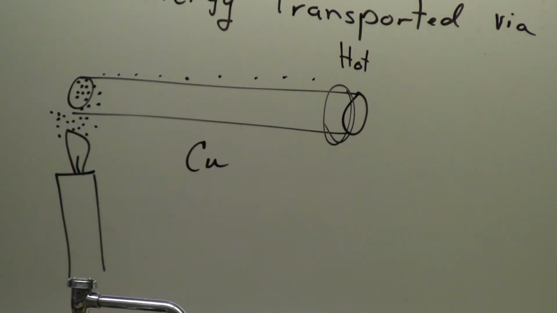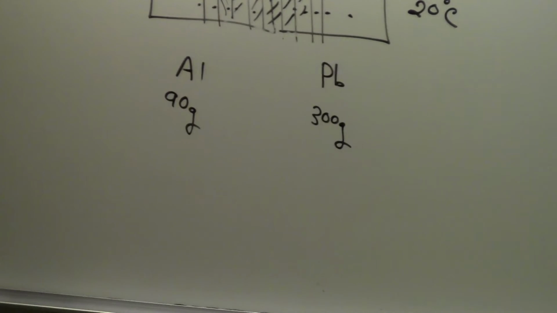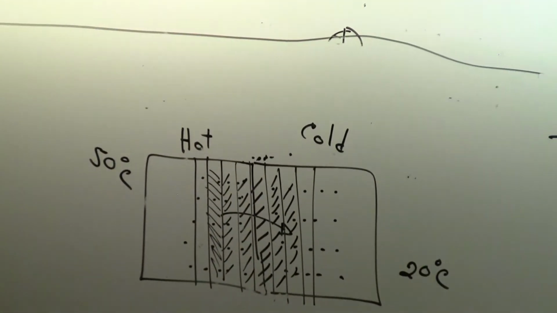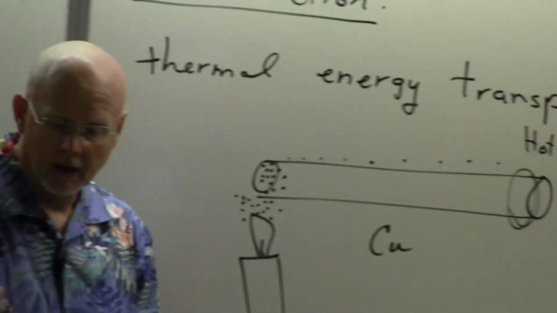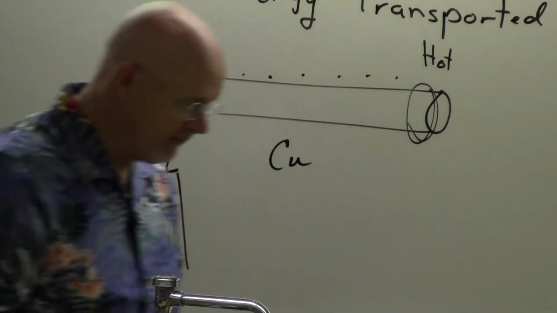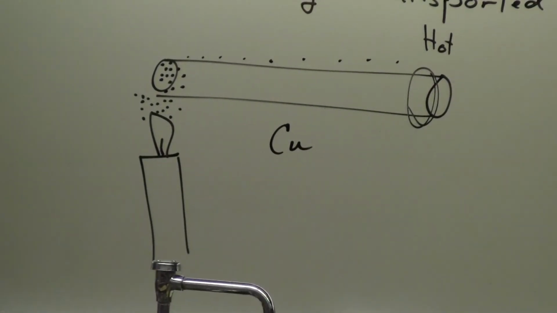That's how the energy moved from this aluminum piece to this lead piece. The bumping of those atoms. And then you could probably imagine that each material, copper versus aluminum versus lead versus steel versus wood, would all bump at a different rate.